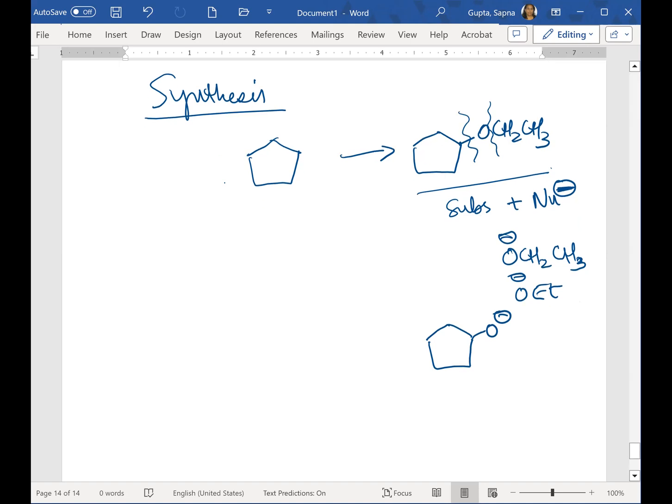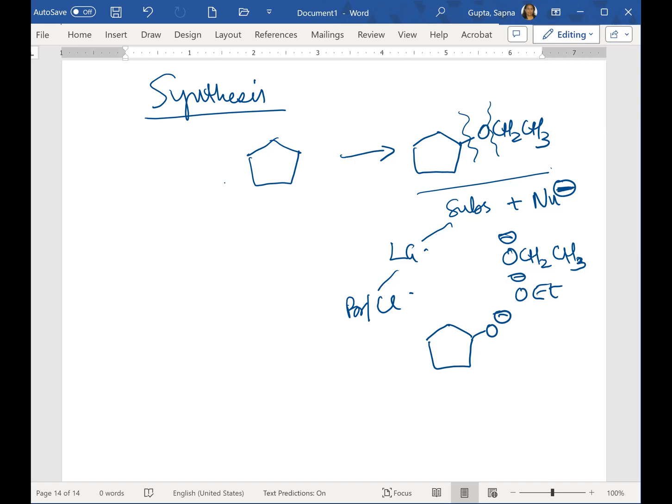That's my nucleophile, which means that I need a substrate. What does a substrate have? A substrate has a leaving group. What's a leaving group? A leaving group is something like a bromine or a chlorine. Remember, you're not going to use OH because OH is not a good leaving group, especially when you're doing SN1, SN2.